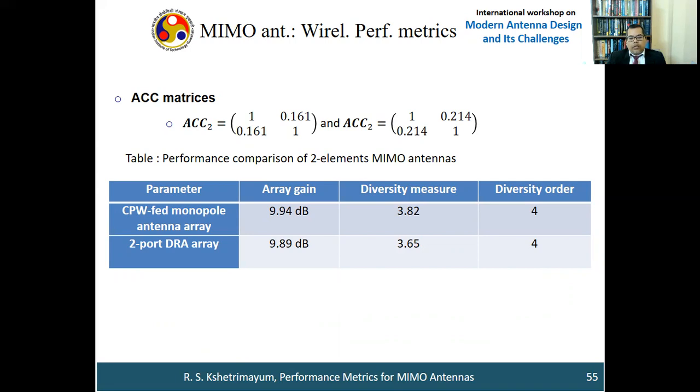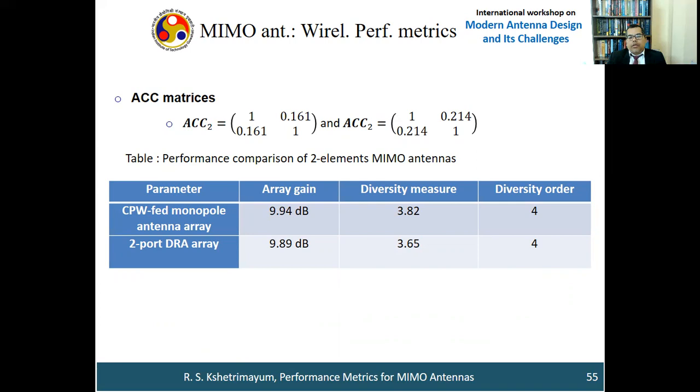And we calculate the capacity again for this, for the Rayleigh fading channel. It turns out to be 9.94 for the first case, the CPW-fed monopole antenna array, and it's 9.989 for the two-port DRA array. We have calculated the diversity measure as well as the diversity order, and it turns out to be 3.82 for the first case and 3.65 for the second case.